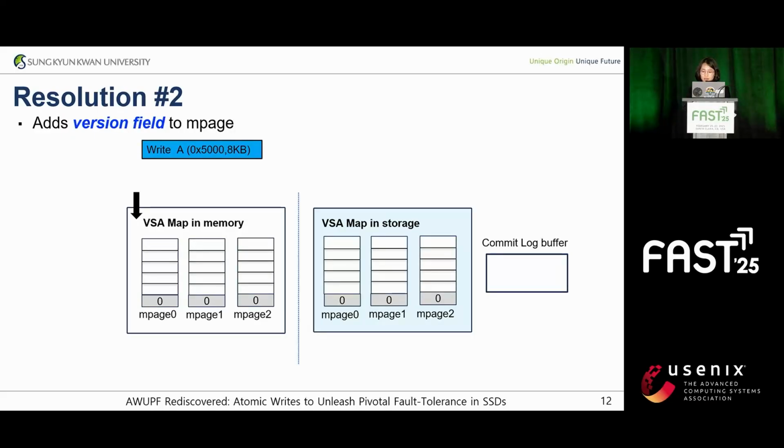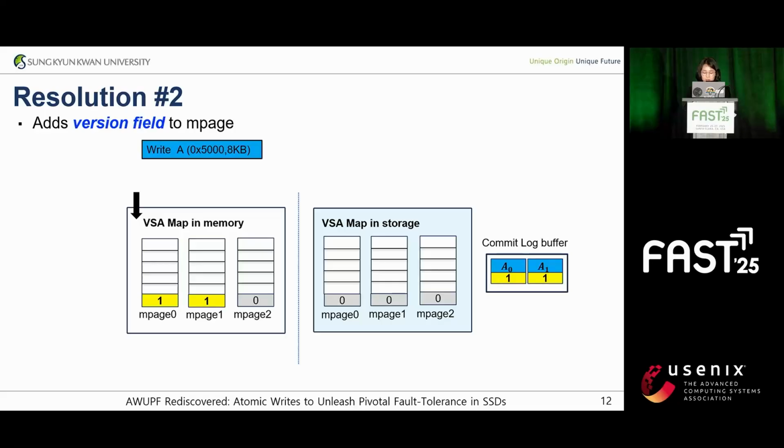This ensures that a higher version always represents the most up-to-date M-page, preventing outdated data from being restored during recovery. When a write operation requiring a commit arrives, the M-page version is incremented by 1, and the commit log is recorded with the updated version information.